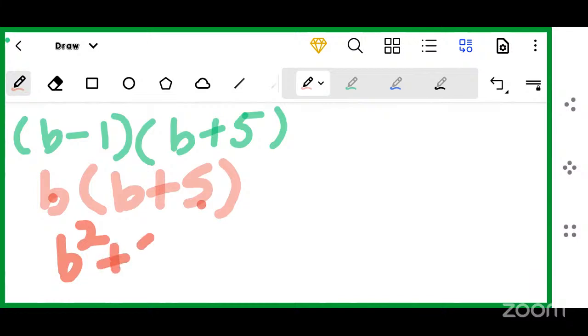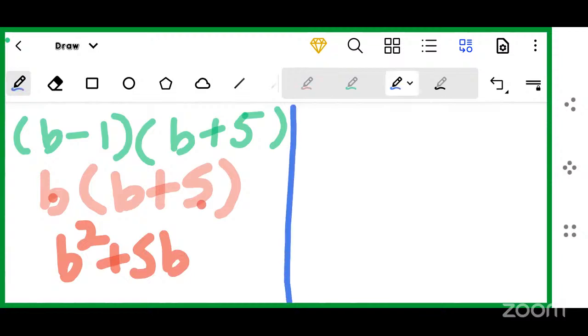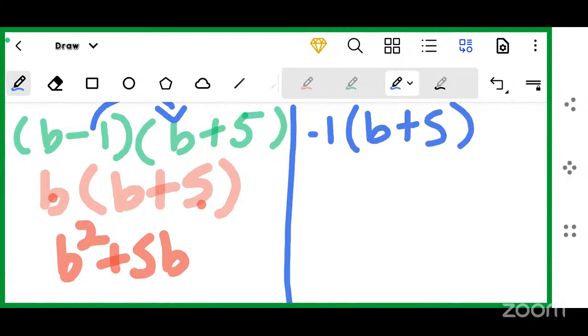Perfect, I like it. So it's plus 5b. Now we are coming to the second part. You multiply the negative 1 with the second bracket, so negative 1, open bracket, b plus 5, close bracket.